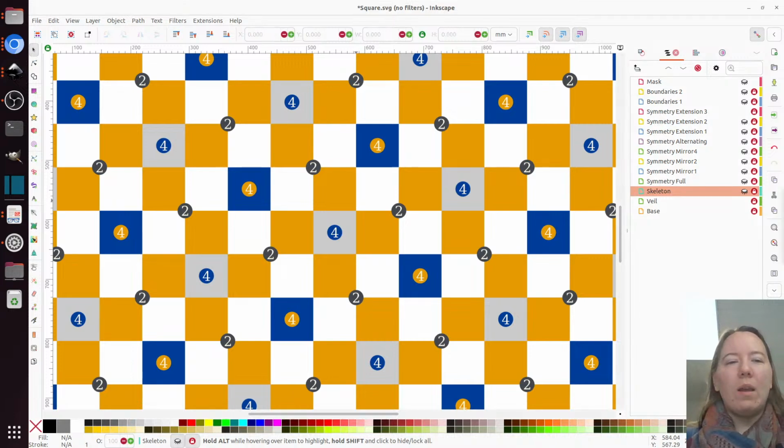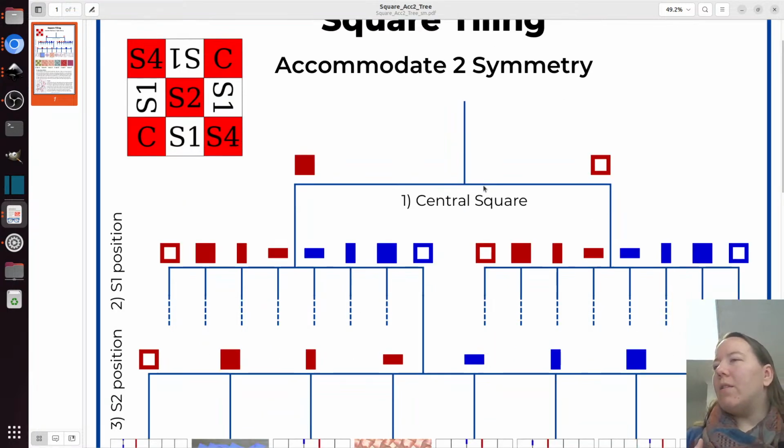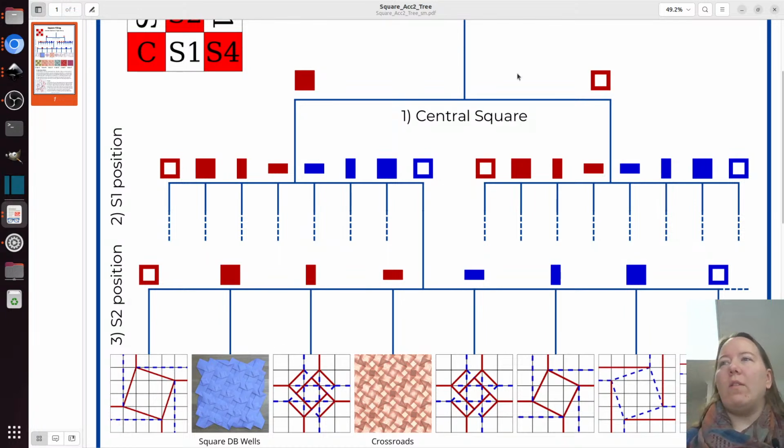So coming back to another decision tree, here I'm looking specifically at the second symmetry extension, which I used to call accommodate to before I really nailed down how I am generating these symmetry extensions. Now I call it expansion 1, expansion 2, expansion 3, etc. And so here we have a choice of central square, which has to be fourfold rotationally symmetric.